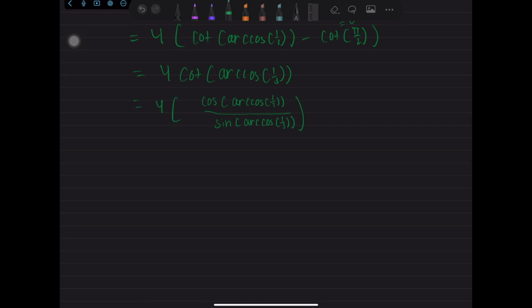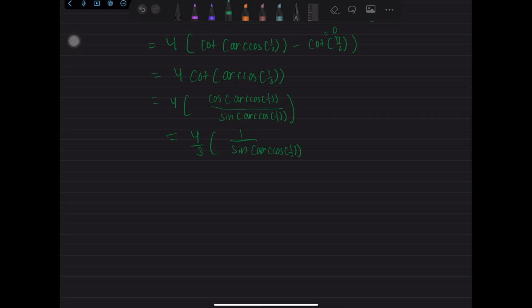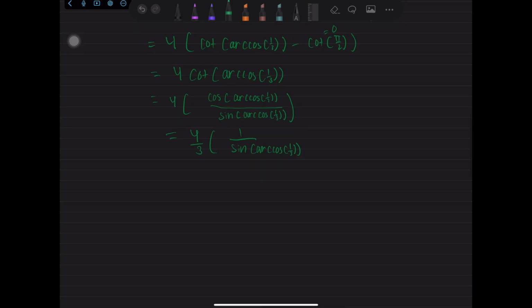Okay, so this is now 4 over 3 times 1 over sine of arc cosine 1 over 3. Okay, so now let's see how we can figure this out.